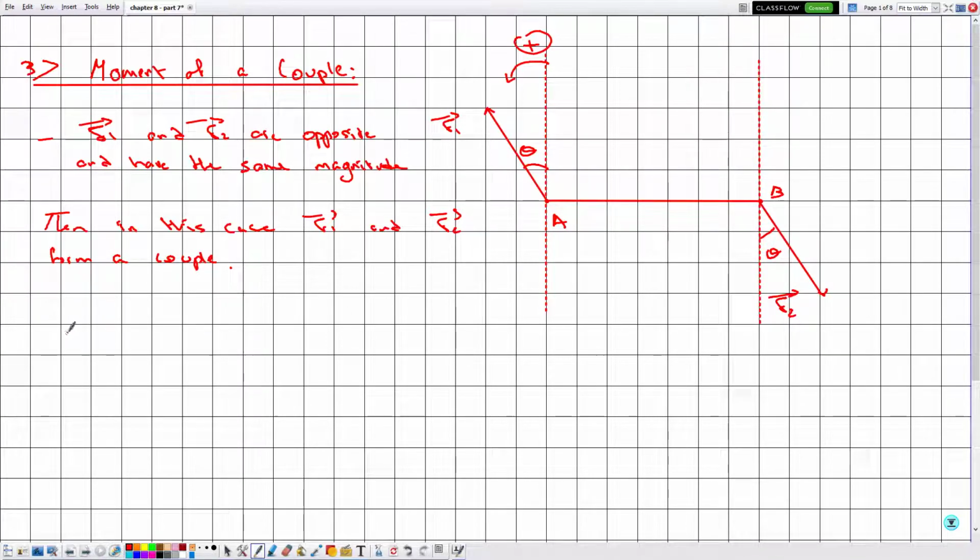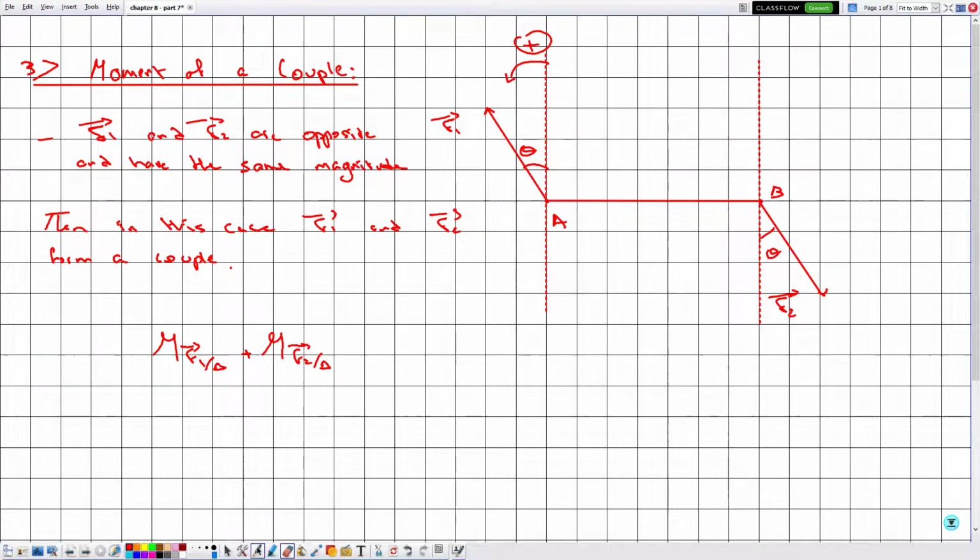Then we know that the sum of moments acting on the rod due to F1 and F2 is equal to the moment of the force F1 around the axis of rotation delta plus the moment of the force F2.